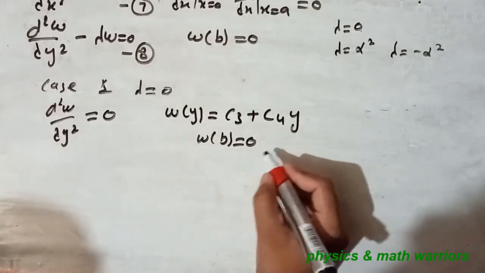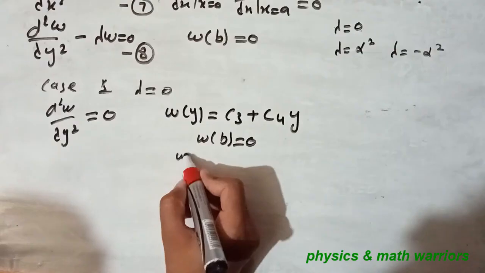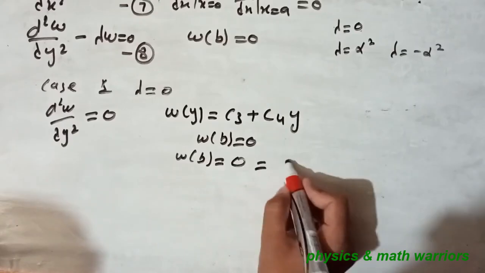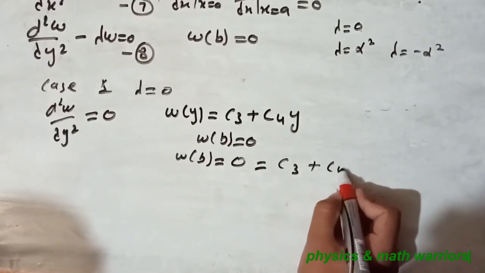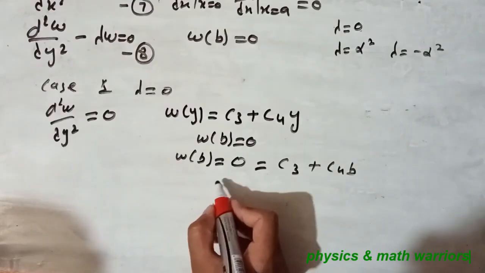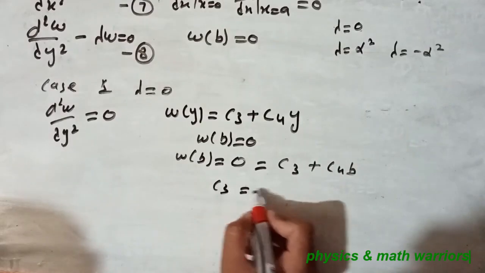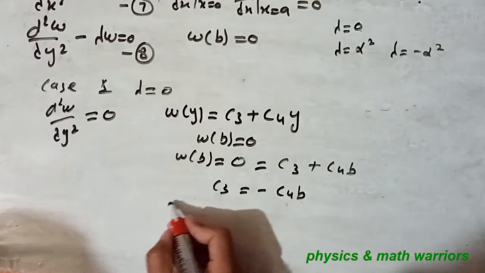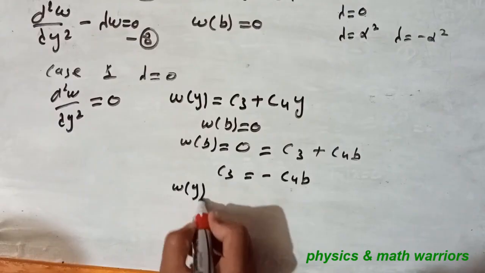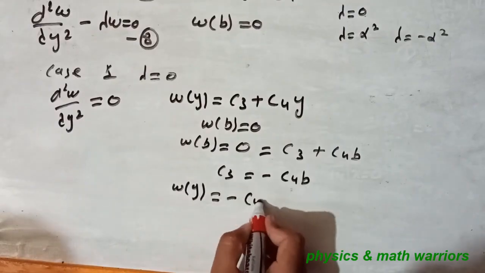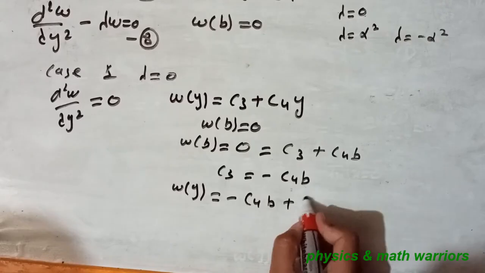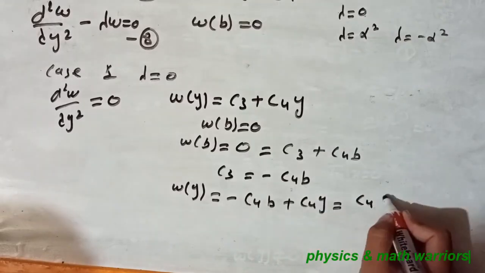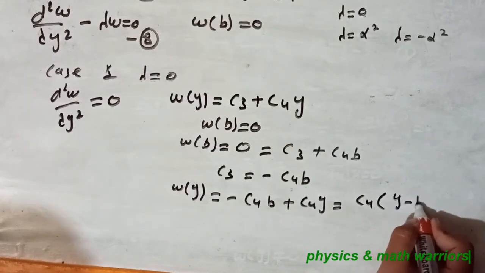So omega of b is equal to 0 is equal to c3 plus c4b, and c3 is equal to minus c4b. So omega of y is equal to minus c4b plus c4y, which is equal to c4 multiplied by y minus b.